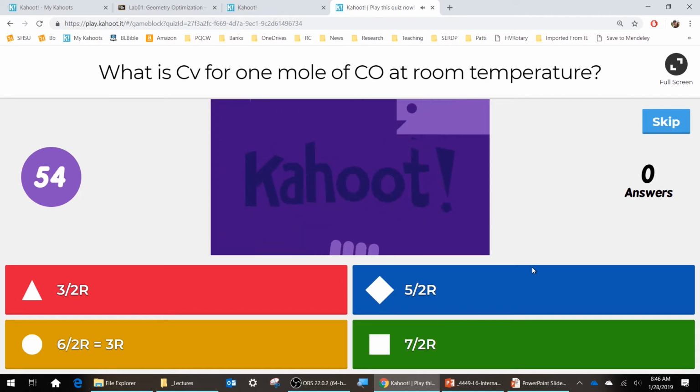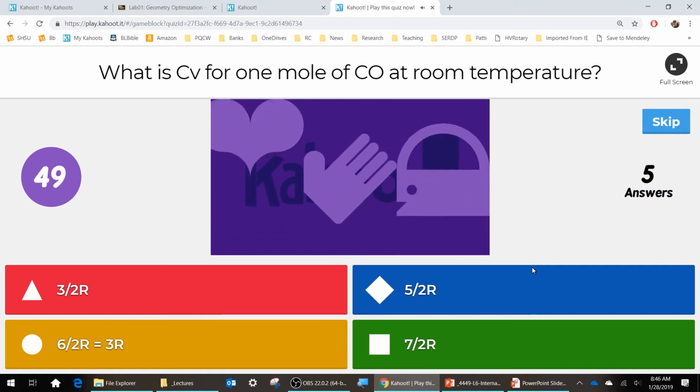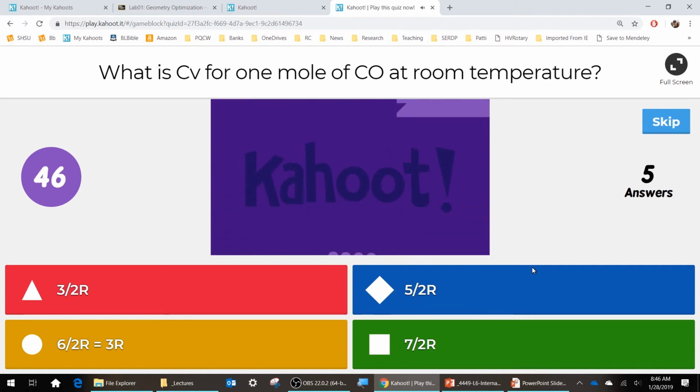Room temperature. The vibrational frequency for carbon monoxide that you analyzed last semester was in the 2000 range.